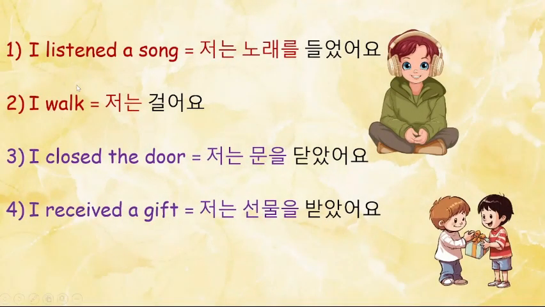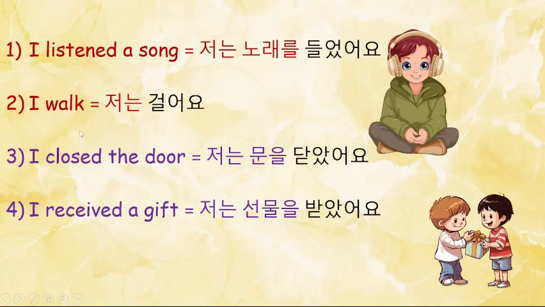First one is the example, I listened a song. So in Korean language it will be 저는 노래를 들었어요. Here song in Korean language we know is 노래, and to listen is 듣다. Now it is an irregular verb, so this gets replaced with lir, and in the past tense it gets conjugated as 들었어요.